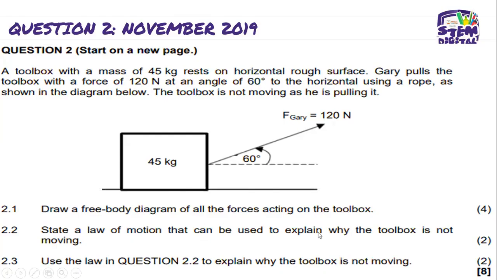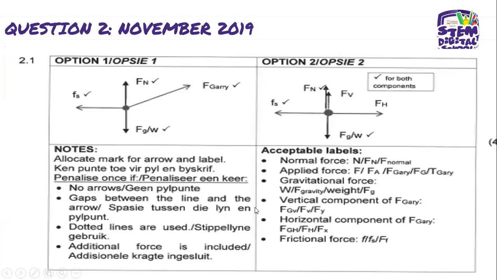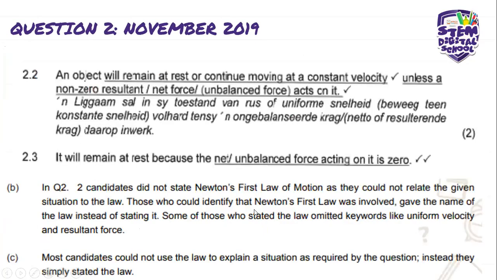Now, we have correctly identified that the law here is Newton's first law of motion. But the question did not say we must write down the name of the law. The question says we need to state the law of motion that can be used to explain why the toolbox is not moving. Now, because we have identified that it's Newton's first law of motion, we are now required to state it.